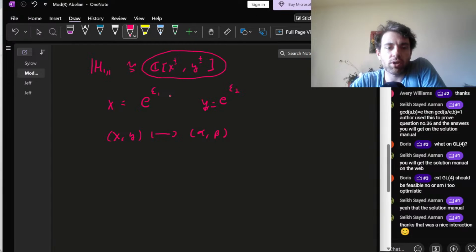We know the simples are one-dimensional. So if we take some extension, it should be two complex dimensional, and it should have some subspace. So we know that we can pick a basis.